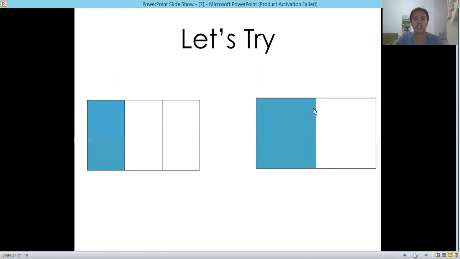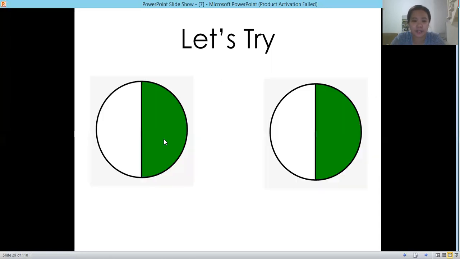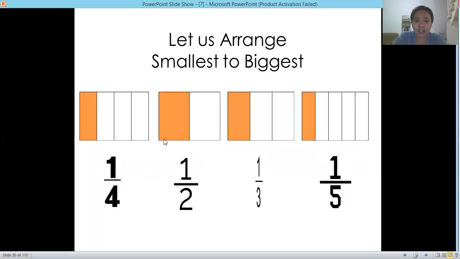Next, another one. Look, 1/2 or 1/3? 1/2 is greater than 1/3. Next, this one. What is your answer? Correct, it is equal.